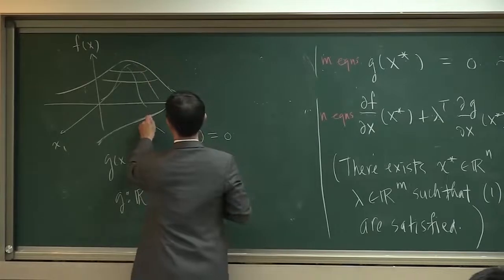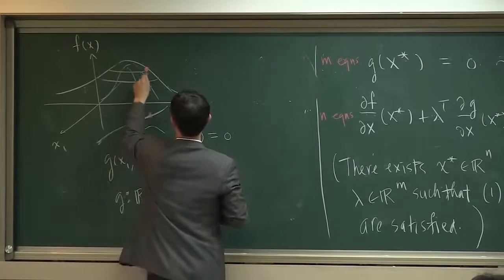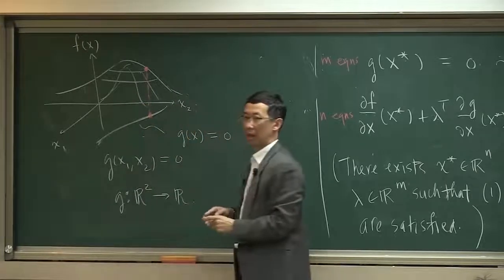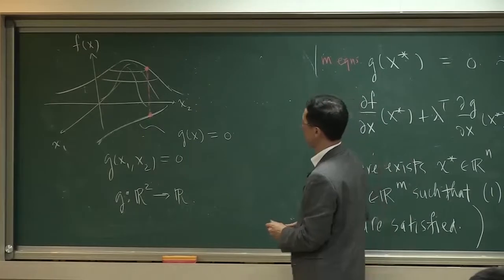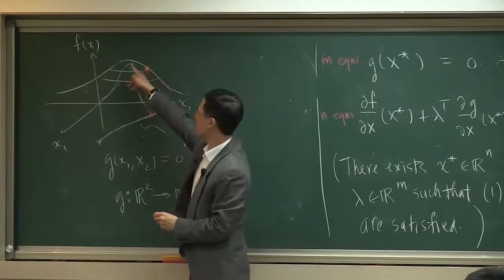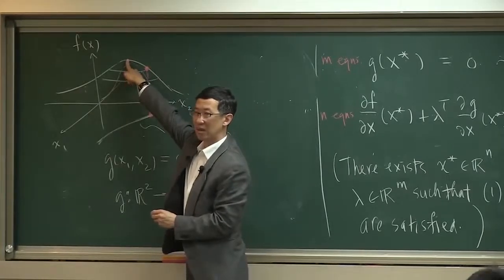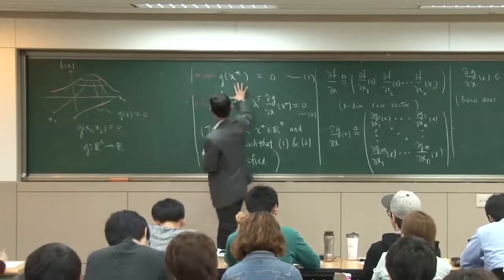So it might be that point. At this point, the derivative is not 0. The derivative is 0 at the peak, but at this point, it's saying that this is true.